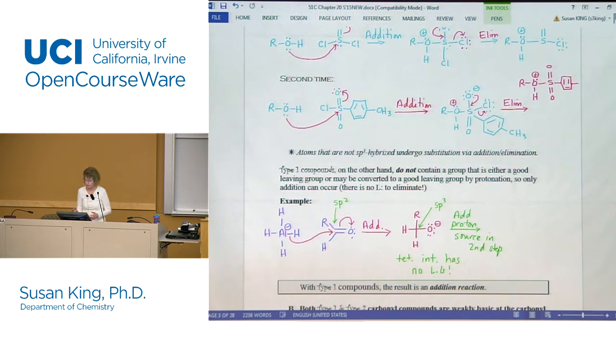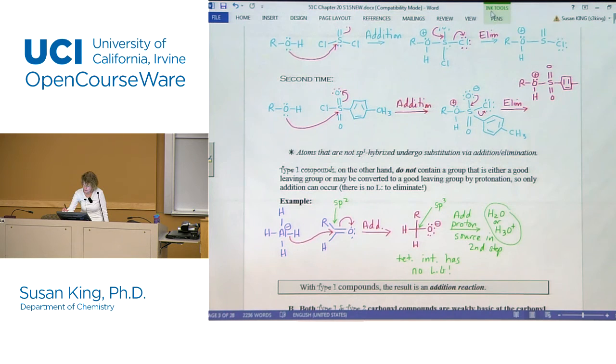So I'm saying proton source in the second step, and H2O or H3O plus is fine with me for the exam. You could use either one. I'm choosing not to make a big deal about whether you use water or hydronium ion.